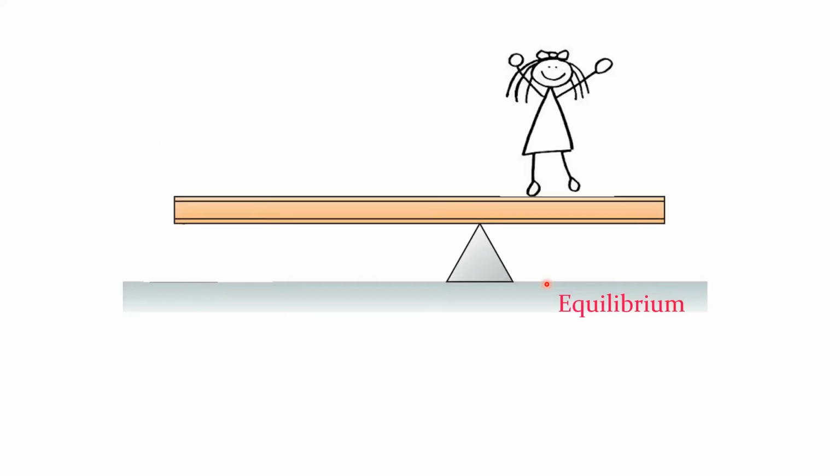All right, just to see if this is clicking, imagine this bar is freely rotating on top of this triangle, and a girl is standing on it one-footed. The way they're set up right now happens to be equilibrium, which means zero acceleration. So they're at rest at the moment.